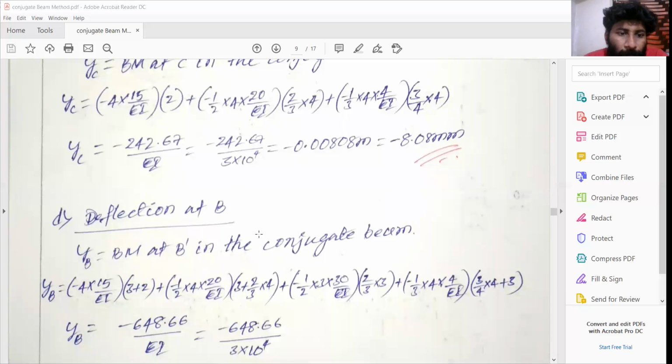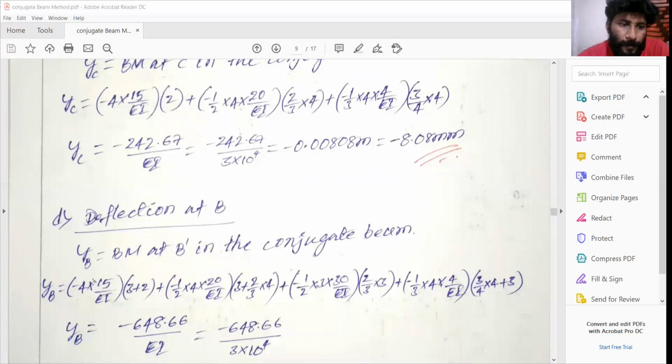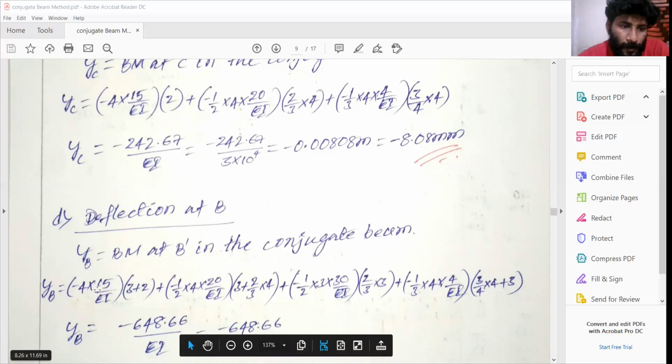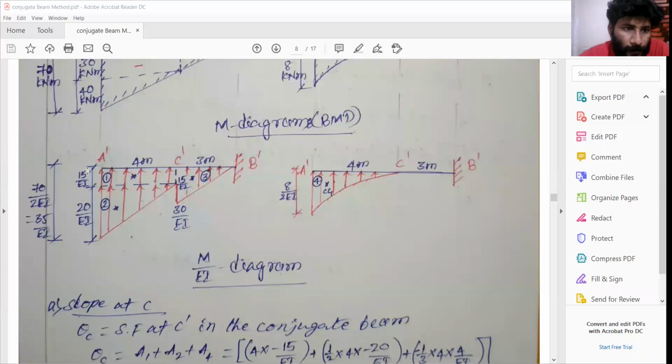And deflection at B we have to find at the free end. Deflection at B is equal to bending moment at B in the conjugate beam. So as usual, YB, the deflection at B in the real beam, is equal to the moments of areas about B in the conjugate beam: minus 4 into 15 by A, the first area, into the distance from here to here, which is 3 plus 2.